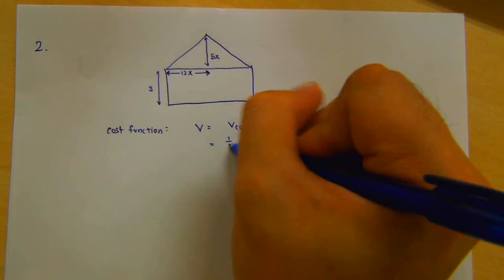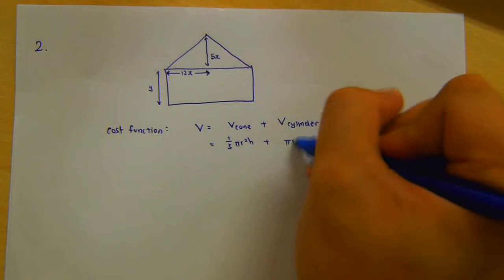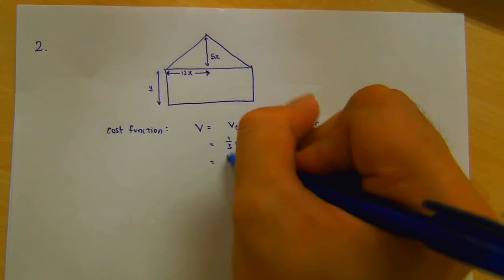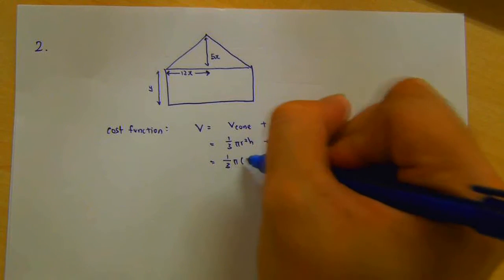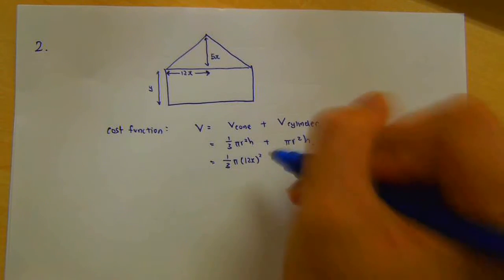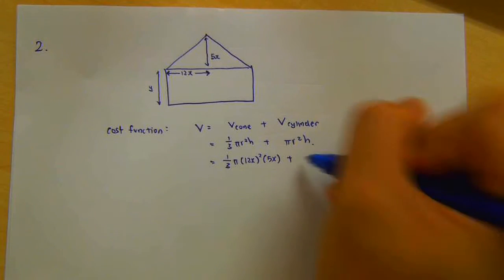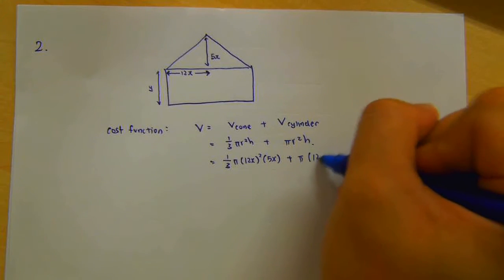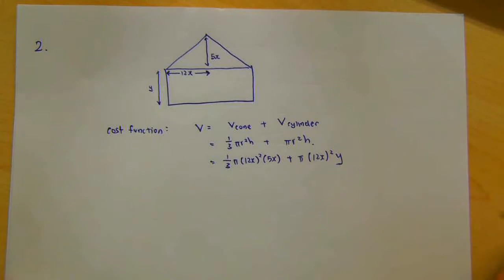Volume of the cone is given as 1/3 pi r square h plus volume of cylinder pi r square h. We're going to sub in the respective values. R in this case 12x, h 5x for the cone, and r 12x for the cylinder, and h is y for the cylinder.